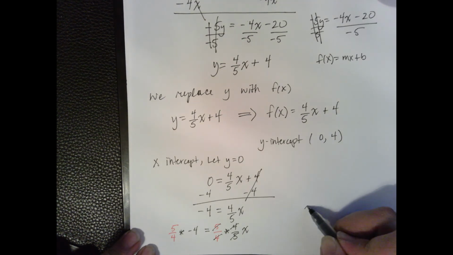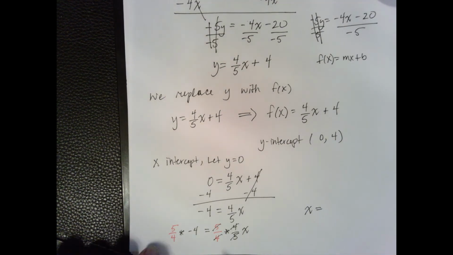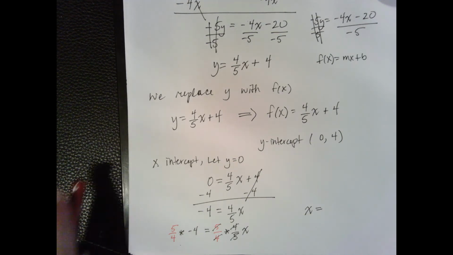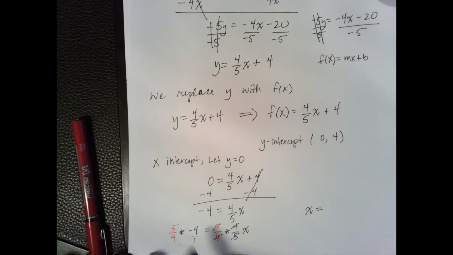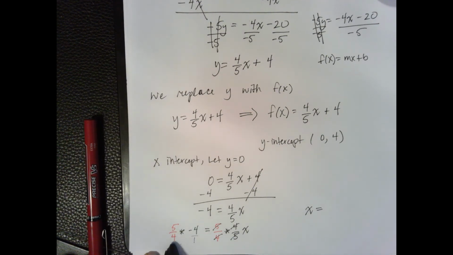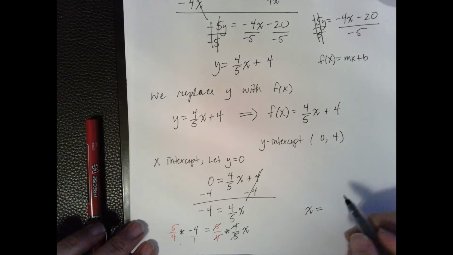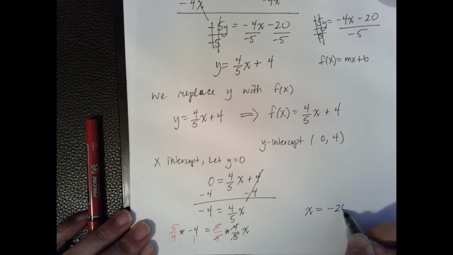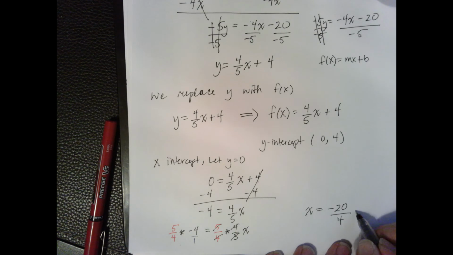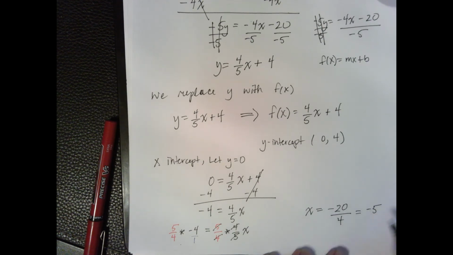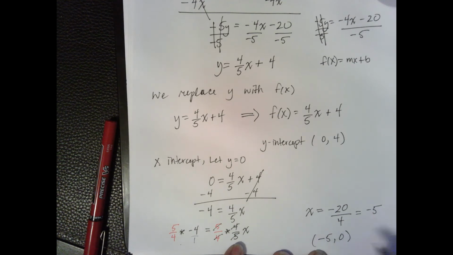So I'm looking at x equals, to multiply these two together, remember this is really negative 4 over 1. So I'm multiplying numerator to numerator and denominator to denominator. So I'm looking at negative 20 over 4. And negative 20 over 4 is the same thing as negative 5. So I'm looking at the point negative 5, 0.